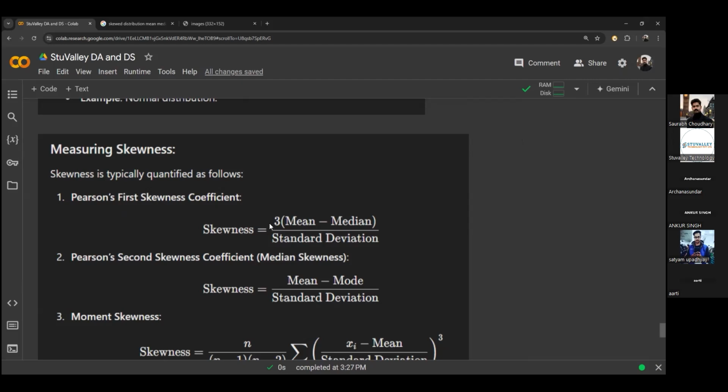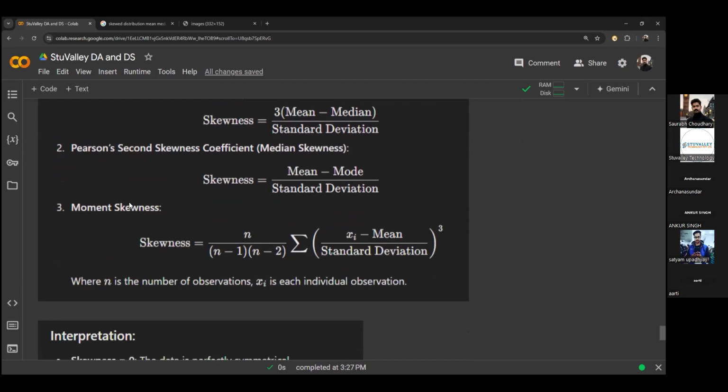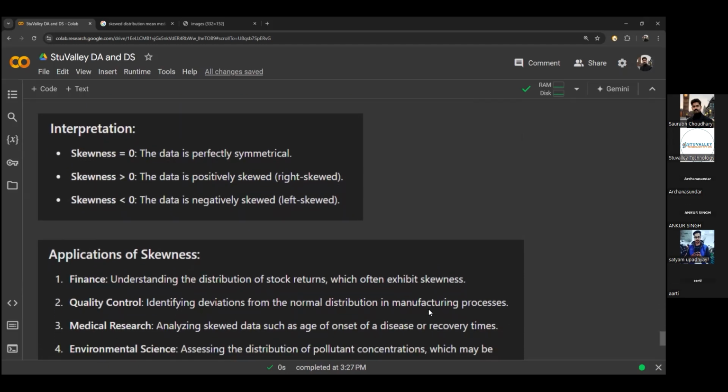This is how you can find skewness. Pearson's second skewness coefficient, the formula is given. Moment skewness, you can even find it. तो अगर सब कुछ कैलकुलेट करने के बाद it is zero, it means it is perfectly symmetrical, or if it is more than zero, the data is positively skewed. If the value is less than zero, it means data is negatively skewed.